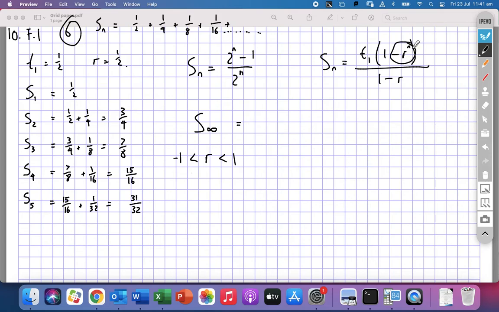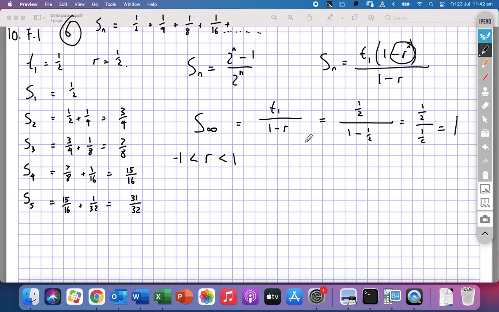It's becoming 0 because r to the n will get smaller and smaller and smaller as n approaches infinity, right? So as that n approaches infinity, we're just left with t1 on 1 minus r, right? Which in this case would equal a half divided by 1 minus a half, which is a half. How many halves? Equals 1, right? So hopefully that was clear.